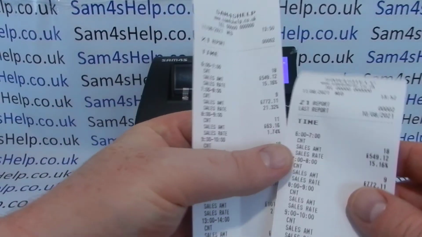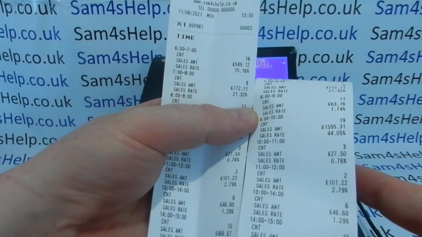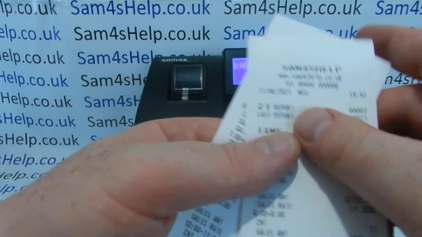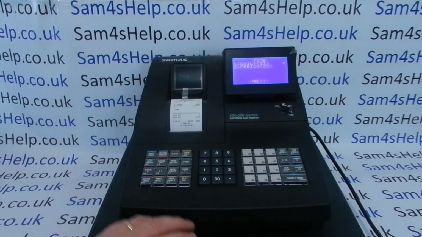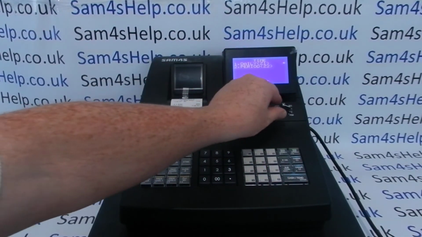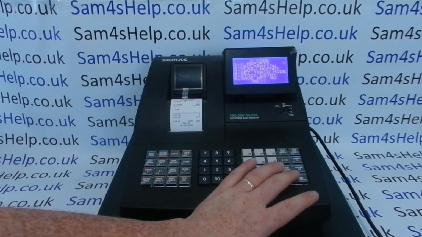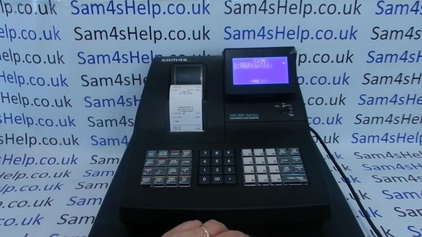It's exactly the same information. You've got the same totals for each one because this X is for today, this Z is for today, but what the Z report has done is reset the data back to 0. So the Z file is empty, but also if we quickly run another one in the X mode, we'll see that that's empty as well.